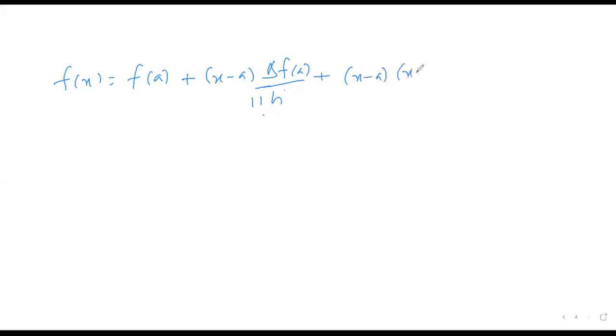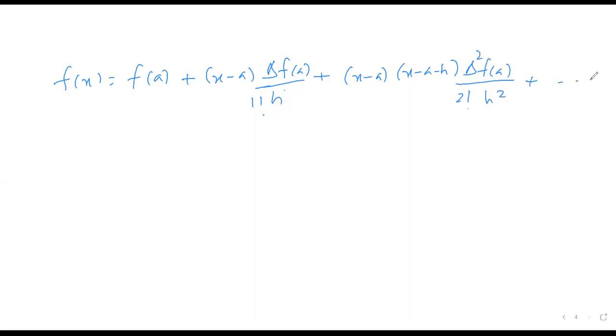If you substitute in the equation, f of x is equal to f of a for a naught, and for a1 we substitute delta fa divided by h, since it is 1 factorial there. So you can write x minus a, and then x minus a minus h times delta squared of f of a divided by 2 factorial and h square.